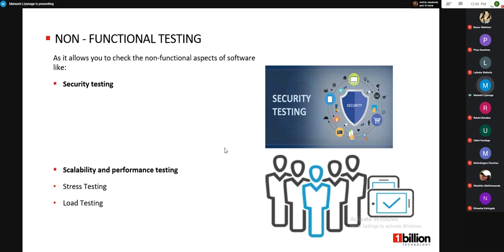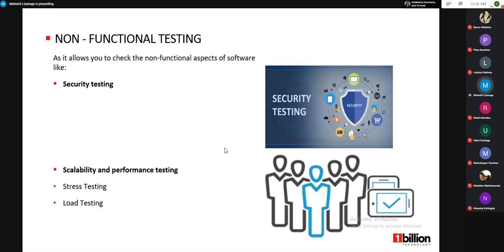In traditional testing, we need on-premises tools and infrastructure. But nowadays, companies are adopting cloud-based tools because it makes the process faster and cost-effective. Security testing ensures that data is stored and transmitted safely.